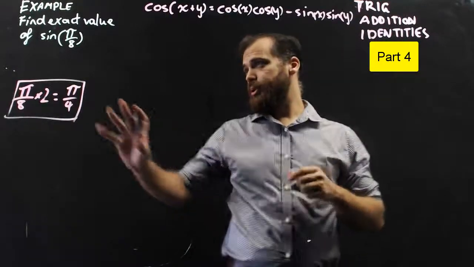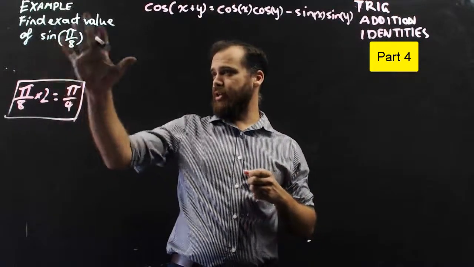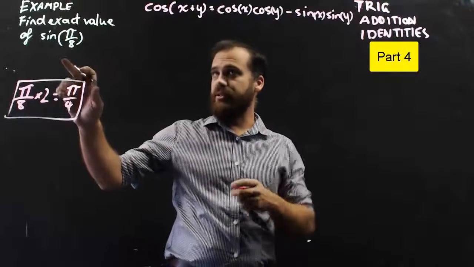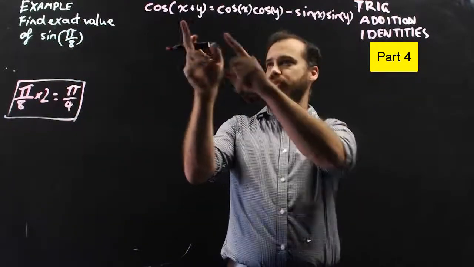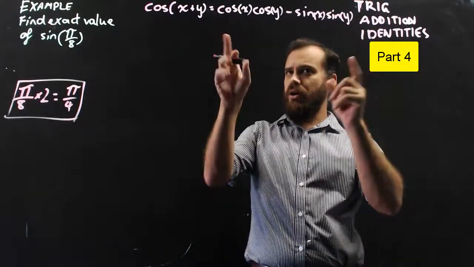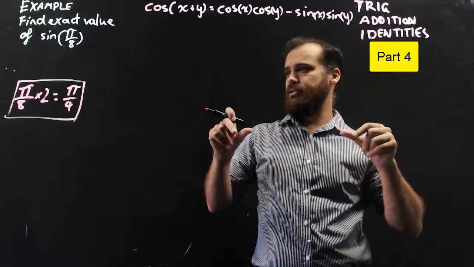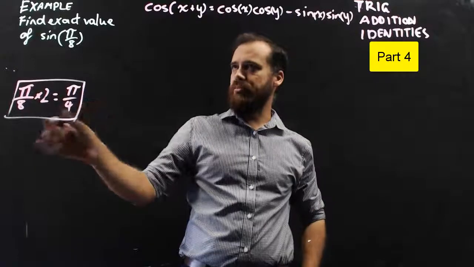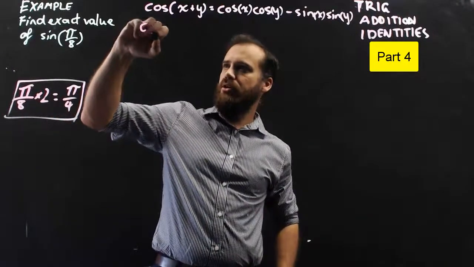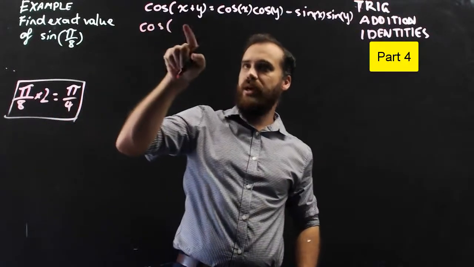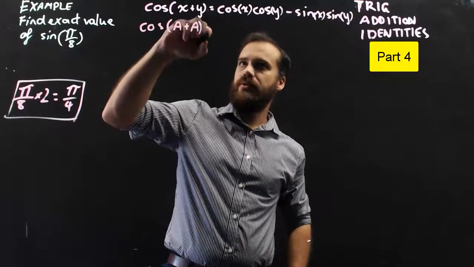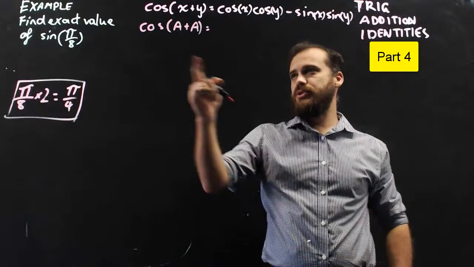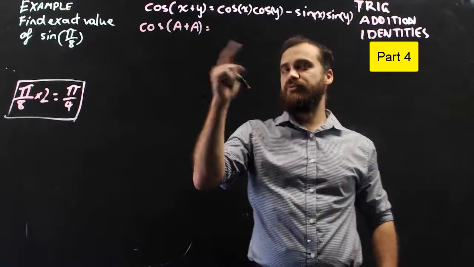Now, even though we're dealing with an exact value for sine pi on 8, if I use my cosine addition identity, I can manipulate this a little bit. So it's going to be 2 times something. So I'm going to use cos x plus x, or a plus a. You've seen what happens when we do cos a plus a before.